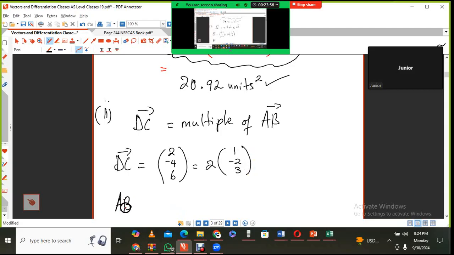Now let's find out what is the one for AB. What is AB? We have done it before. It's 3, minus 6, 9. Can you take out a scalar quantity, which is 3, and then you're going to be left with the same thing: 1, minus 2, 3.